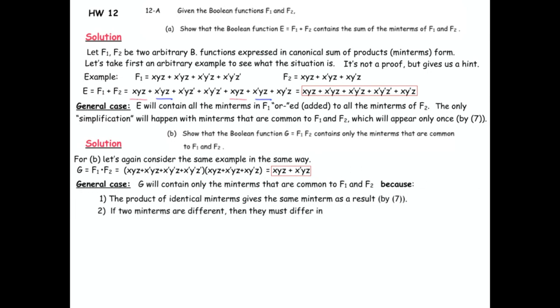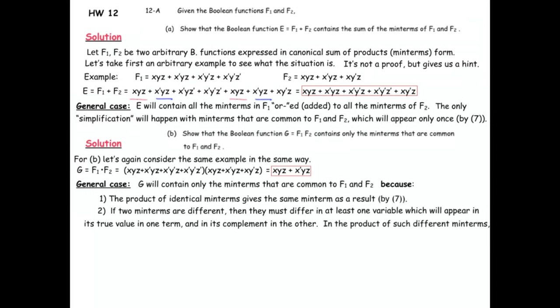And then if two minterms are different, they will necessarily differ in at least one variable, which will appear in its true value in one term, let's say x, and its complement value in another term, x complement. And they will nullify each other.